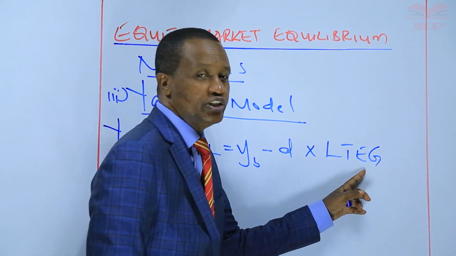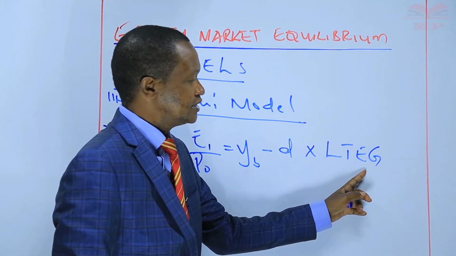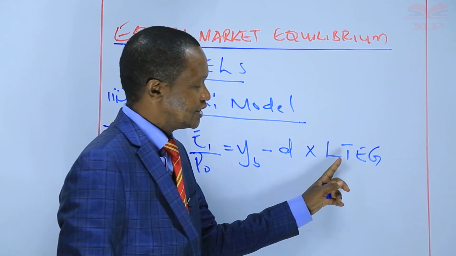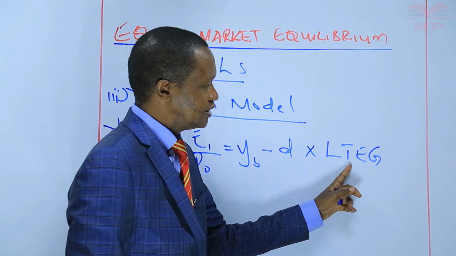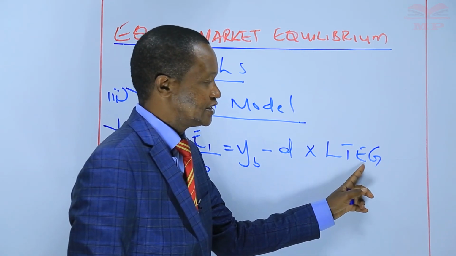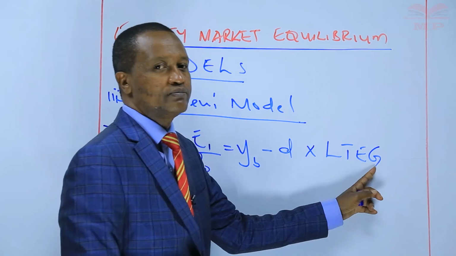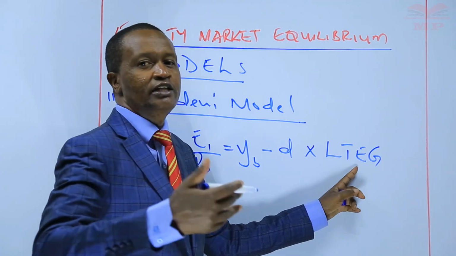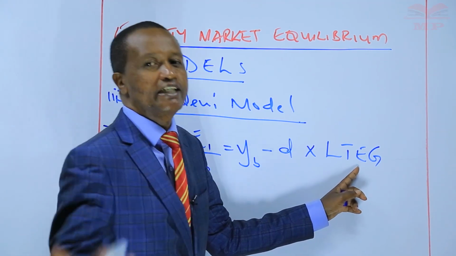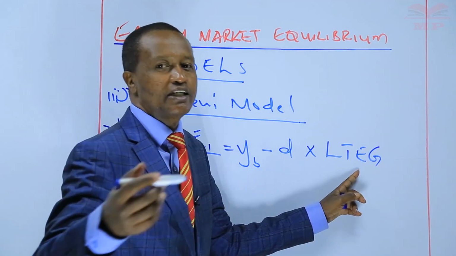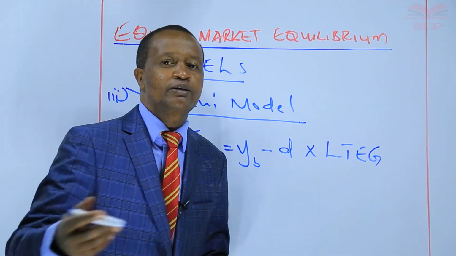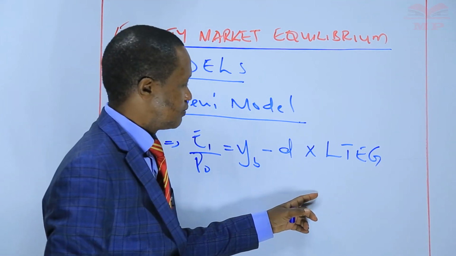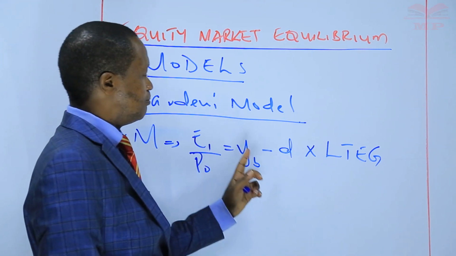And LTEG simply stands for long-term earnings, L for long, T for term, E for earnings, and G, growth, long-term earnings growth. That is just the consensus 5-year earnings growth rate forecast for the market index, and it could be the S&P from the Thomson Financial. So this is the Yardeni model.